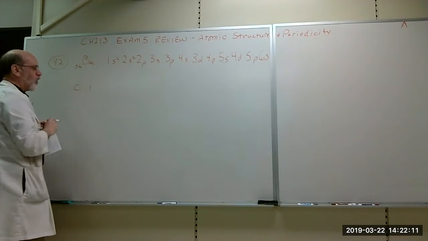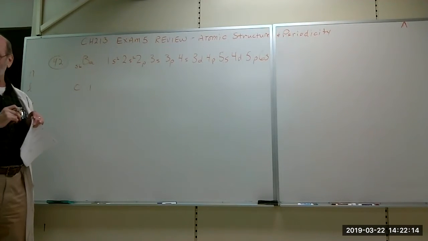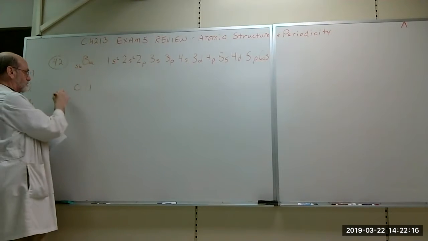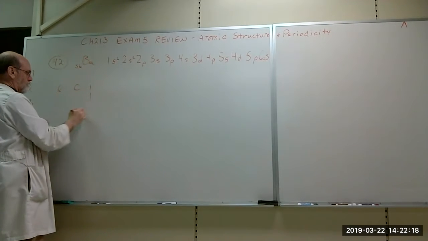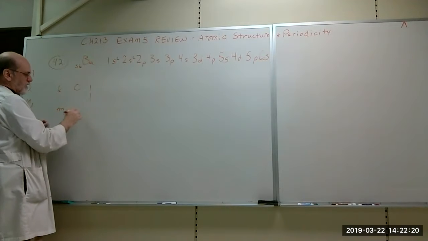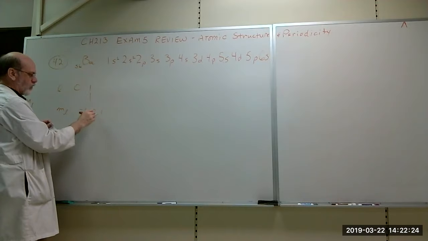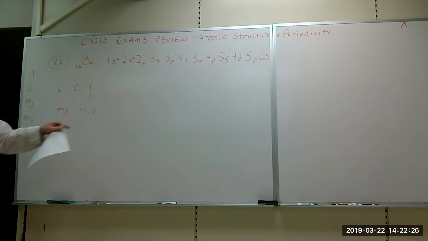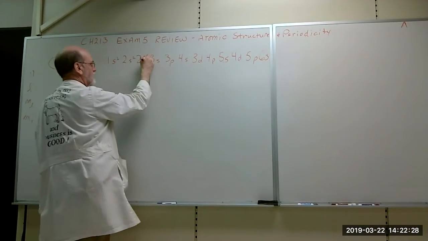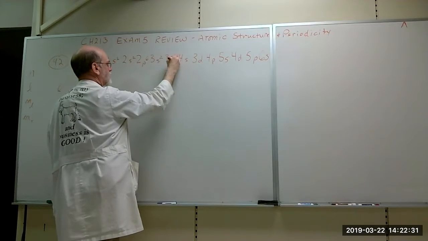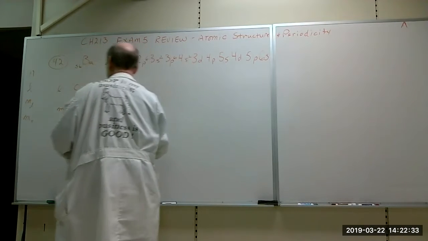P is L equals 1, which means m sub L is minus 1, 0, plus 1. So that's 2, 4, 6. 6 electrons in the P.